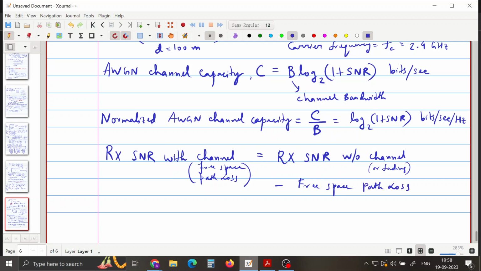Is everyone clear till now? Yes, sir. Okay, good. So it's simply the base thing without fading, from which we subtract the loss encountered due to path loss. That's what you get as the received SNR with the channel, with the loss. Now, so this is the idea. I can go to the next page maybe.